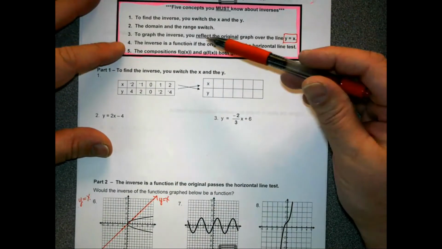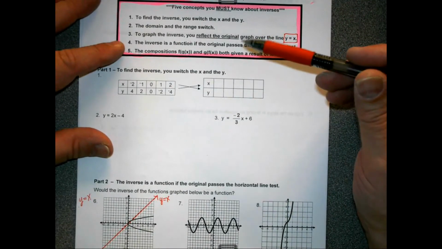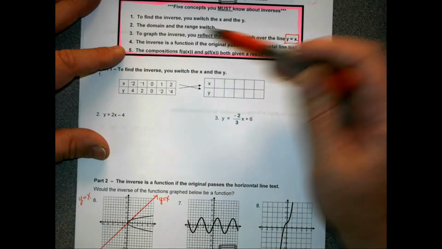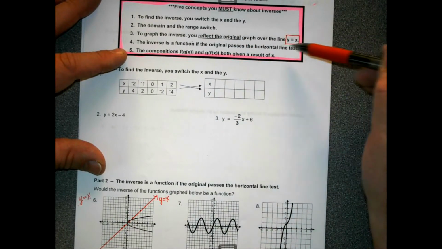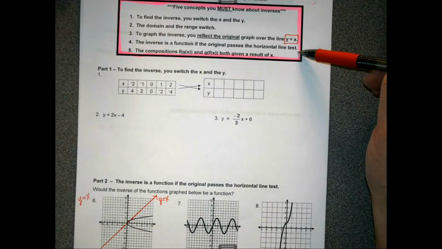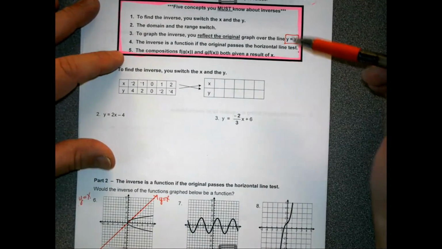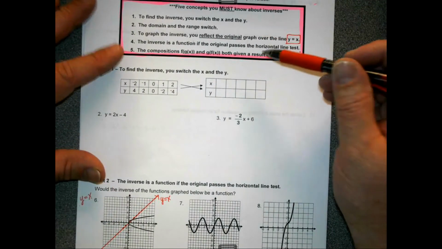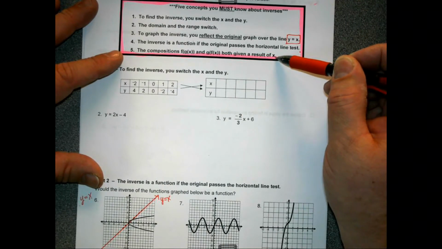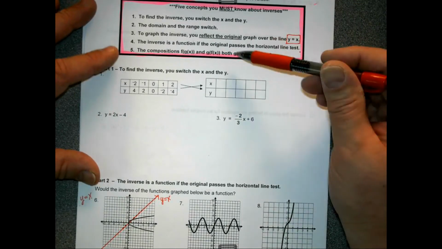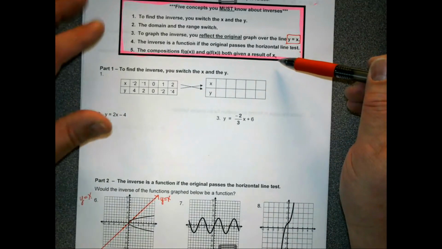All right. So, number 4, the inverse is a function if the original passes the horizontal line test. And again, we'll get to that. And number 5, we're not going to deal with a lot of number 5. In fact, I don't think we'll deal with it at all. The compositions, the f of g of x and the g of f of x, both given as a result of x.